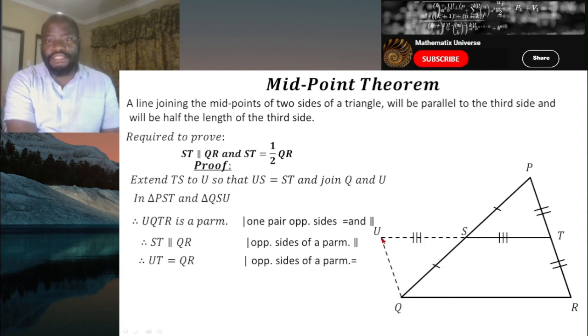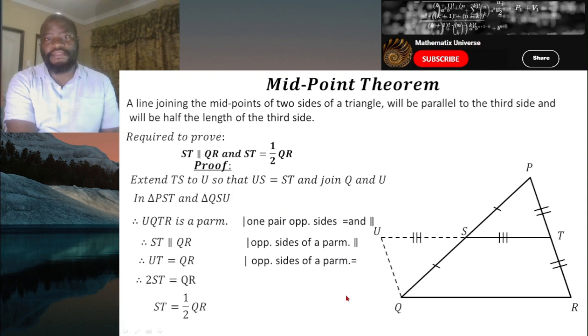Now you see UT is from here all the way up to there, which means since these two pieces are equal, we can say that UT is actually 2 times ST. Then dividing both sides by 2, there we get ST equals half QR, which proves the second part of our required to prove of our theorem.